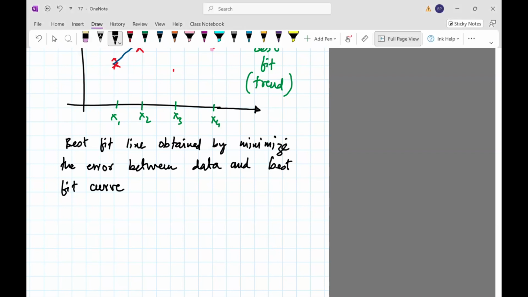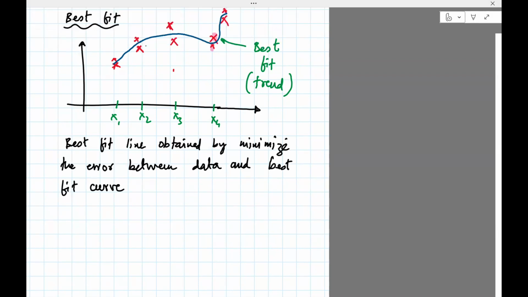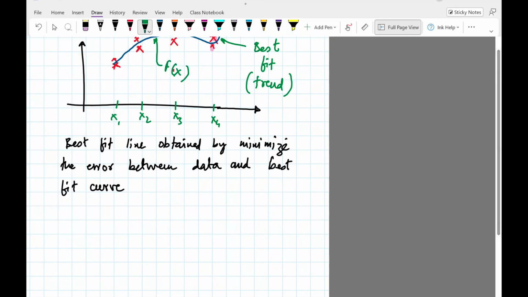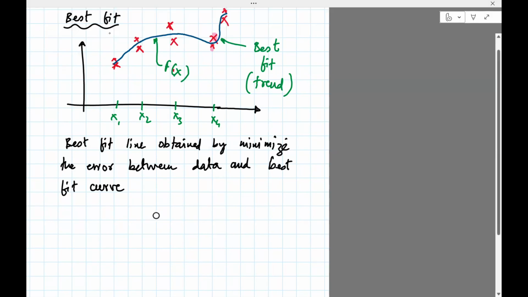So if you have, say that this curve is f of x, and then this data x0, y0, x1, y1, so on till xn.